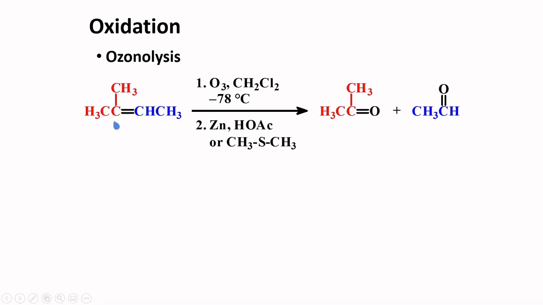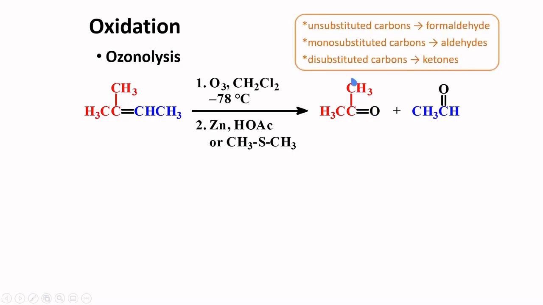For the case of this component here, the carbon in the double bond is replaced by the oxygen. For this case here, the bond is cleaved and this carbon is replaced by the oxygen. This is an aldehyde, the double bond O is at a terminal position, and this is a ketone, the double bond O is at a central carbon.